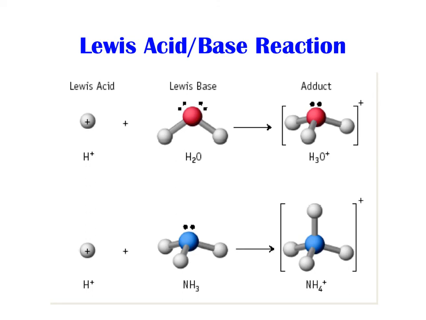So it's an interesting idea. Lewis, you know him from Lewis structures. So it's interesting that it's looking at electrons, same guy. But for what we do in this class, it's not a super necessary definition because it's really, really broad.